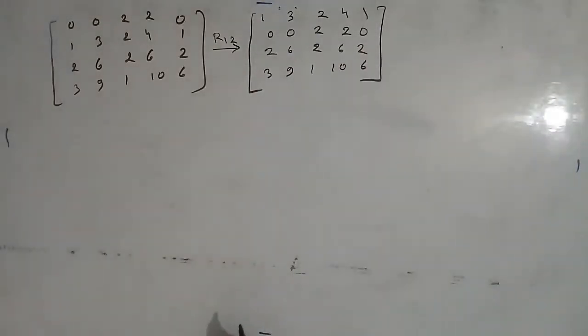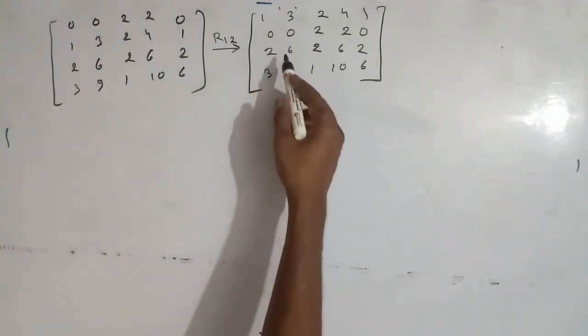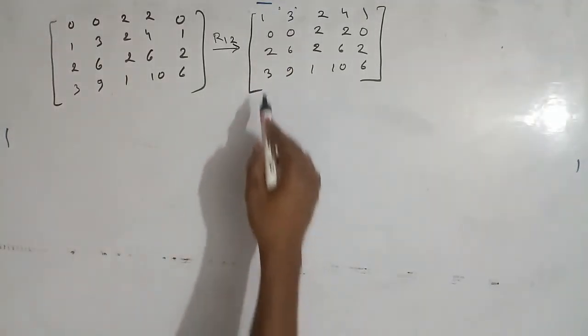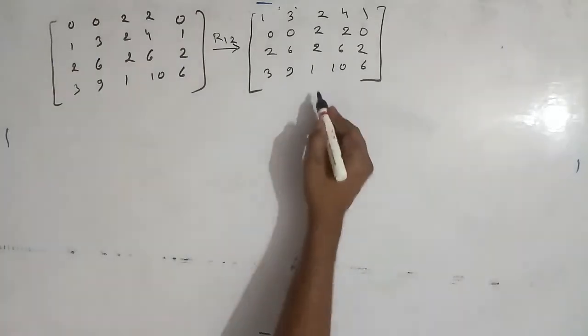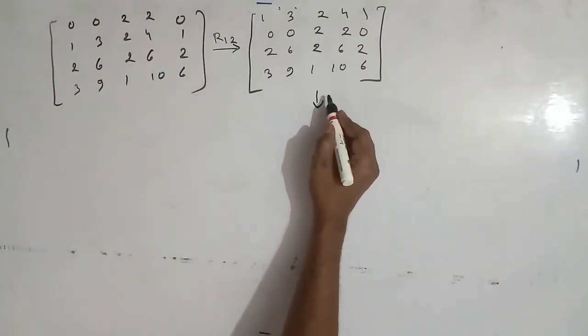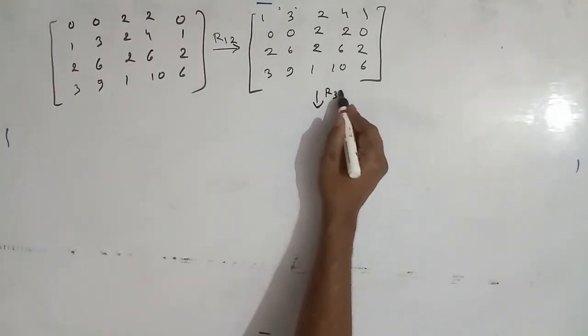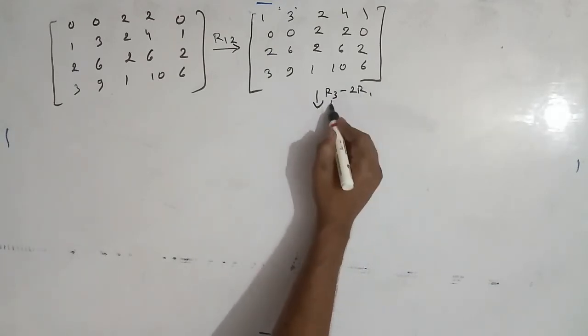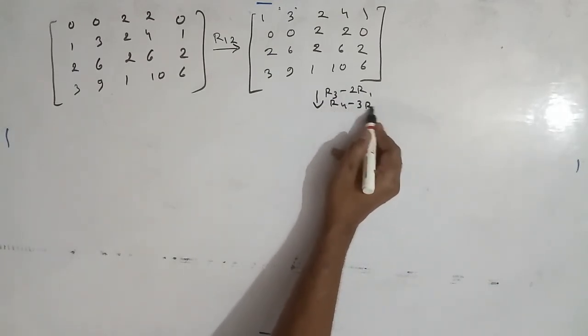Okay, now the leading element of row 1 is already 1, so we have to make these 3 elements 0. This is already 0. To make these 2 elements 0, we are operating R3 minus 2 R1 and R4 minus 3 R1.